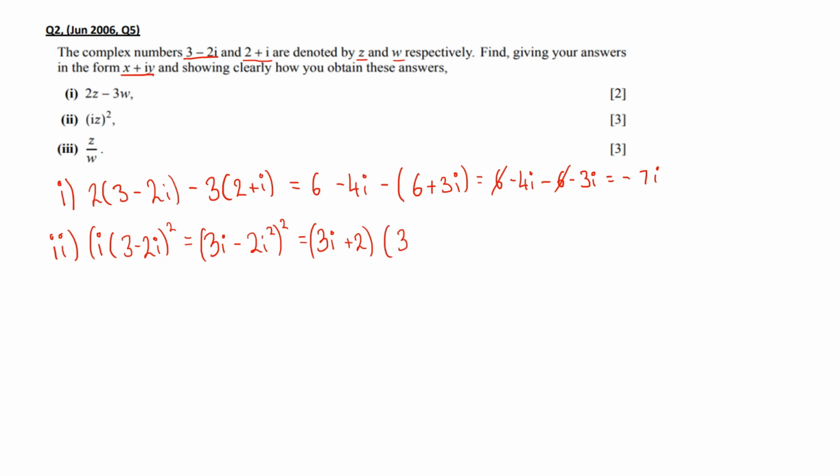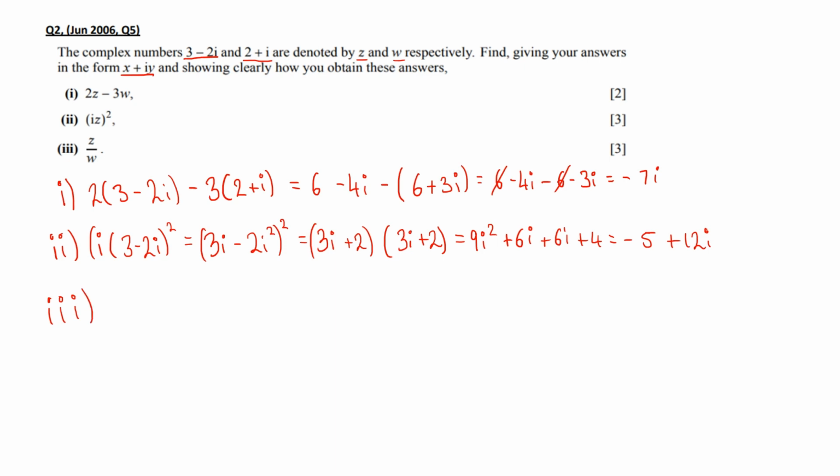So 3i plus 2, I'm going to write it like this, and we get 9i squared, and then plus 6i, and then again plus 6i, and then plus 4. Let's tidy that up. i squared, that's minus 9. Minus 9 plus 4 is minus 5. 6i plus 6i is plus 12i. Yeah.